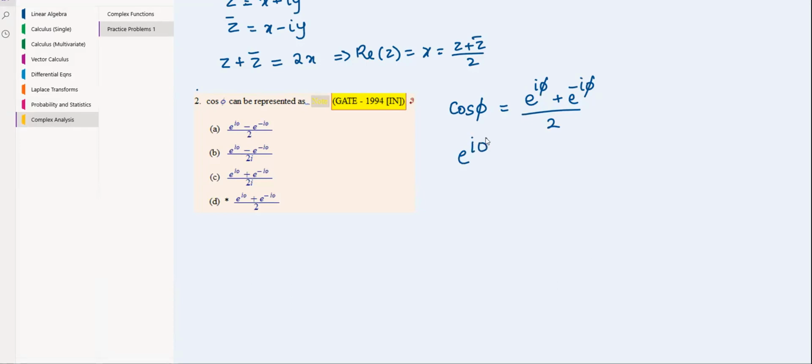Because e power i phi will be cos phi plus i sin phi, and e power minus i phi will be cos phi minus i sin phi. So when you add these, you will get this one. This is the answer.